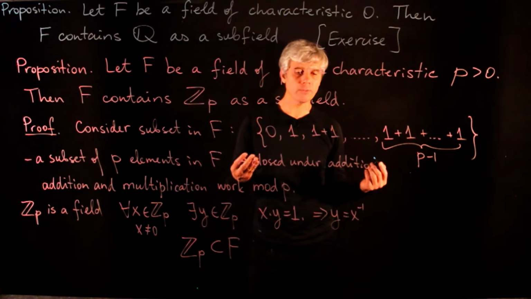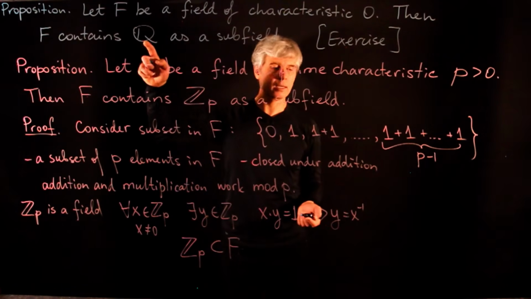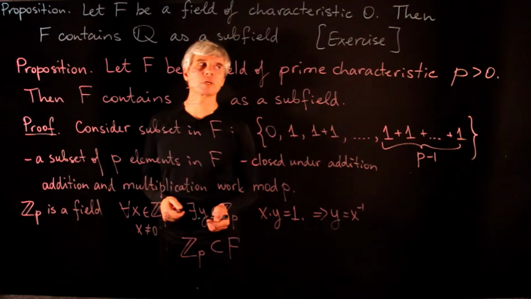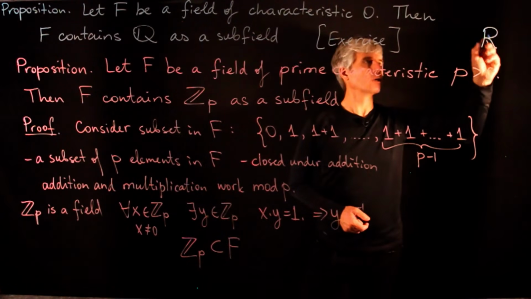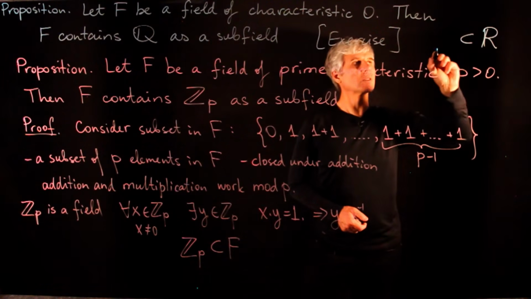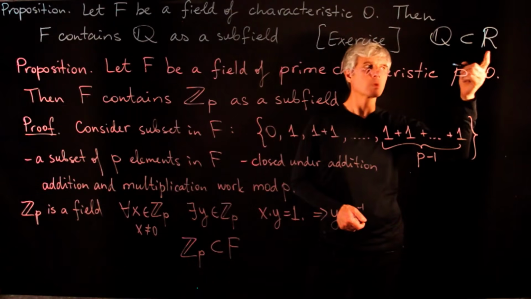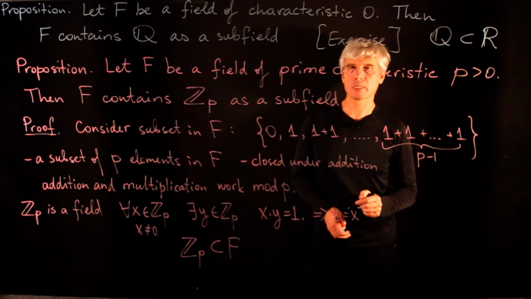And so if we take inverses of these elements, then we're going to get the subfield Q in any field of characteristic 0. So for example, if we take the field of real numbers, then inside we have the field of rational numbers. And so in fact, any field of characteristic 0 must contain rational numbers inside.